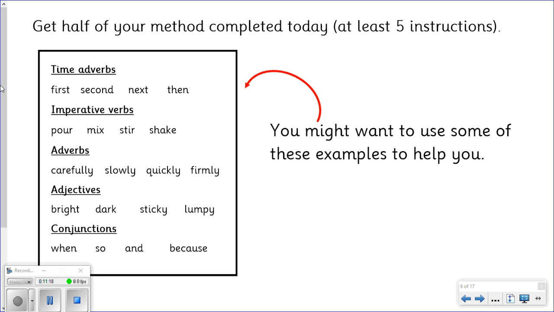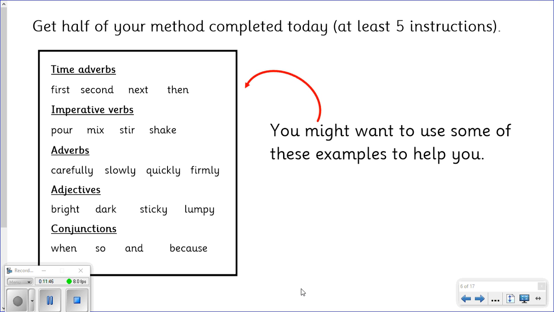Just on the screen now, there are some examples of time adverbs, imperative verbs, adverbs, adjectives, and conjunctions that you might want to use in your recipe today. You might not want to, there's just some ideas there for you. I'm pretty sure that because you're experts at writing instructions now, you're going to be fantastic at this.